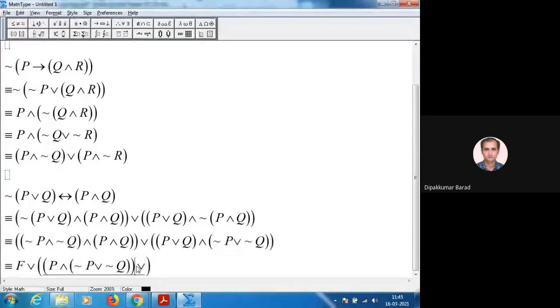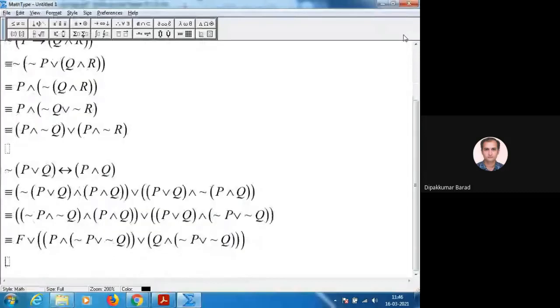Okay, so this previous one as it is, but again I need a bracket, but instead of P now I have Q. Okay, so now again this F and F or, we have F or.